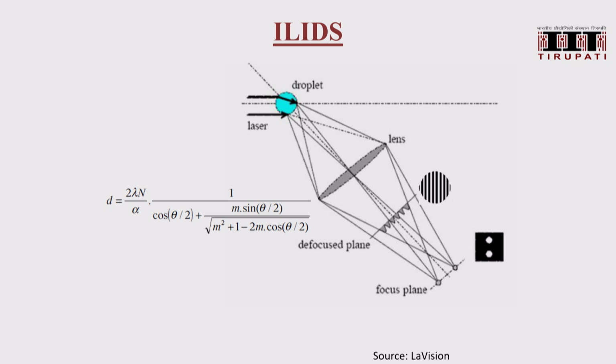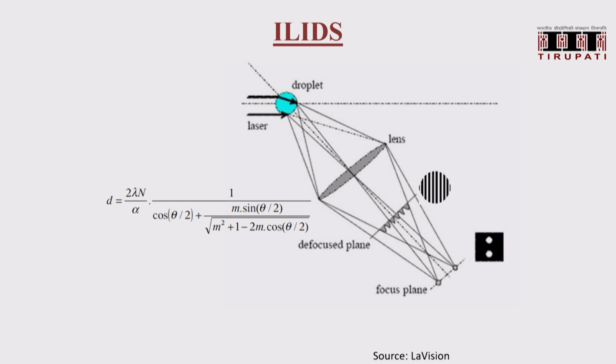If you interfere them, you create a pattern of fringes. At the focal plane, this beam focuses at one point and that beam focuses at another point, so they look like two separate dots. For one drop, the reflected rays give one focal point, and the refracted rays give another focal point dot.